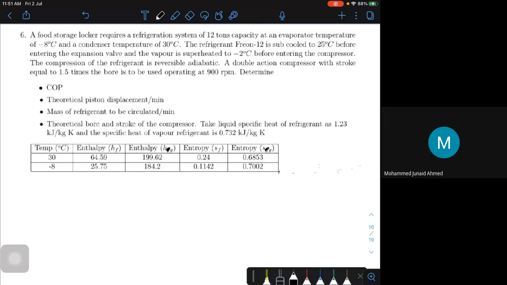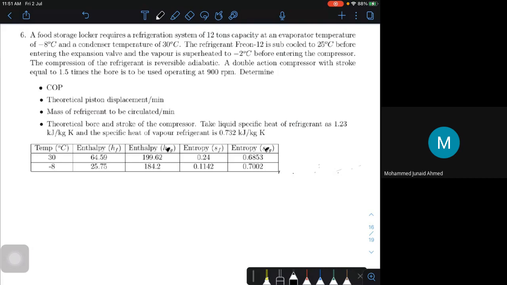So here I do have both subcooling as well as superheating. The vapor is superheated to minus 2 degrees before entering the compressor. It is not entering in a dry condition, it is entering in a superheated condition.